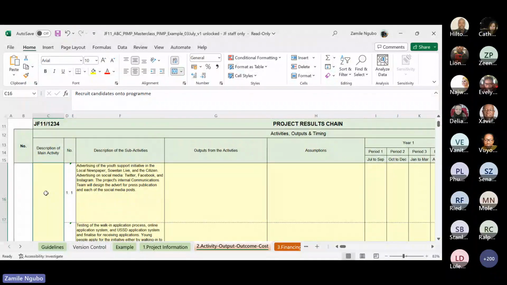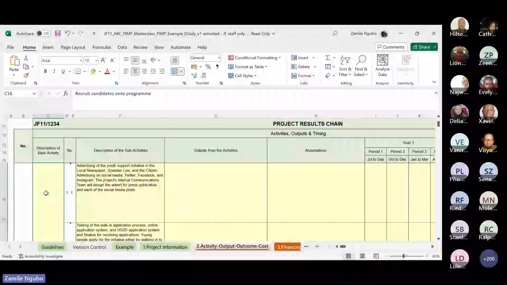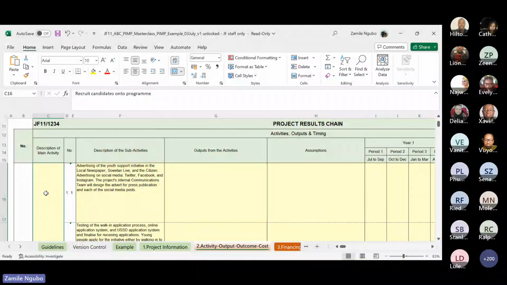Vuyo gave good definitions of the activity categories, sub-activities, outputs, assumptions and targets. So my task today is to take you through how to complete these and how to describe outputs, how to formulate assumptions, and how to target, making use of the example that was shared with everyone.